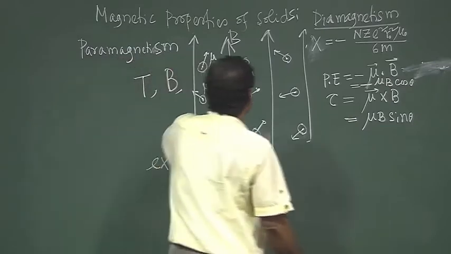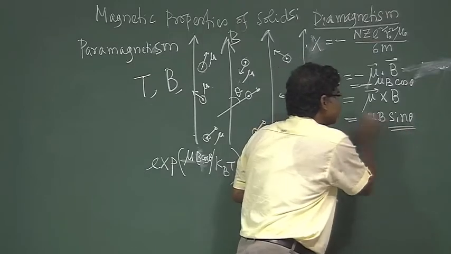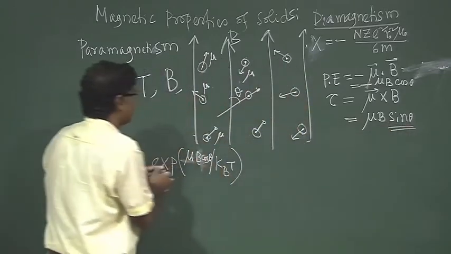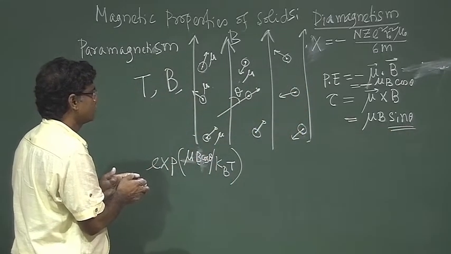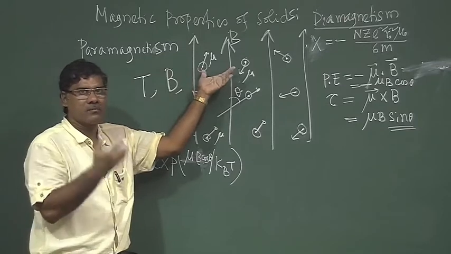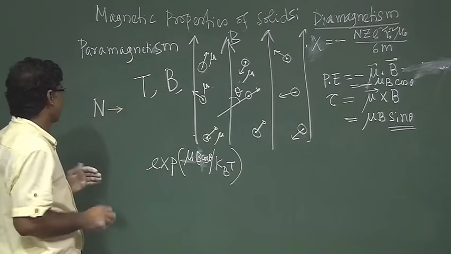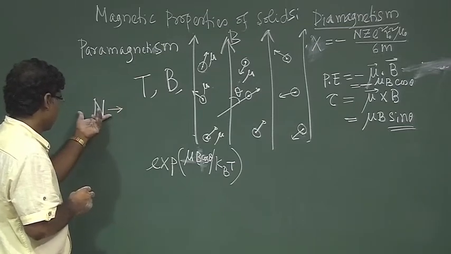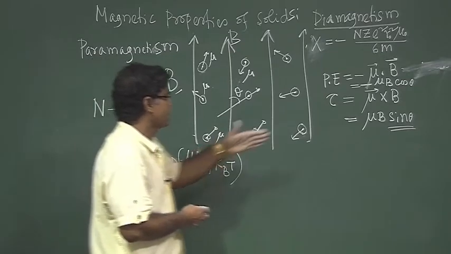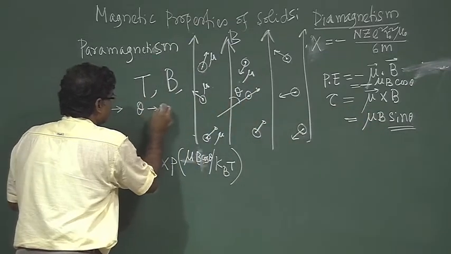The magnetic field applies a torque, and the orientation will depend on the sin theta. So, if I have n number of moments or atoms per unit volume, out of n moments, how many will be oriented at an angle theta to theta plus d theta?